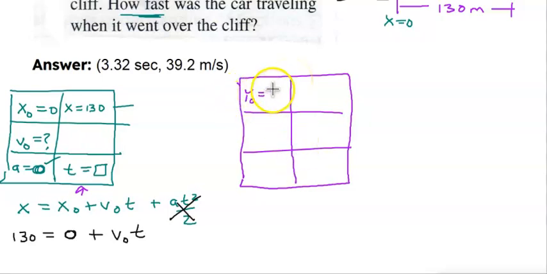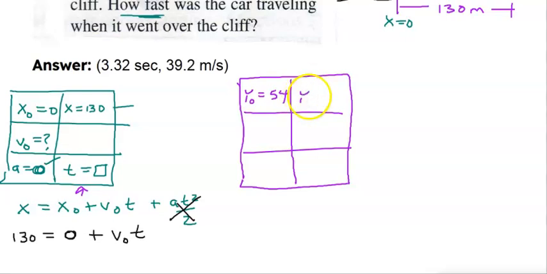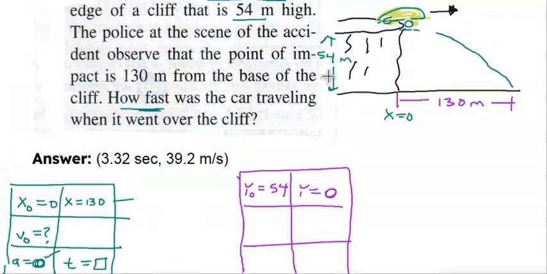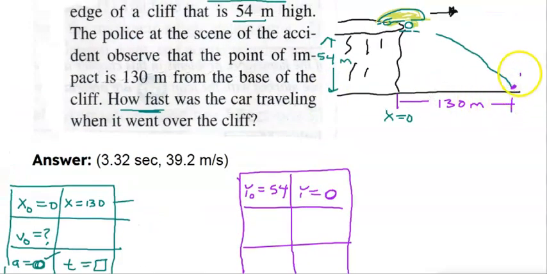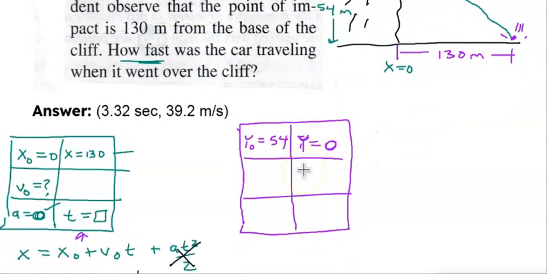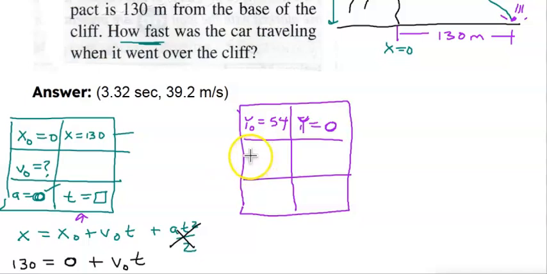So y naught is 54 meters, I believe. y final, this is what's tricky, is 0. That's not stated in the problem, but it hit the ground, so it has no more altitude, just like the baseball lab. This is also tricky: v naught in the y direction is 0, not whatever its launch speed was.